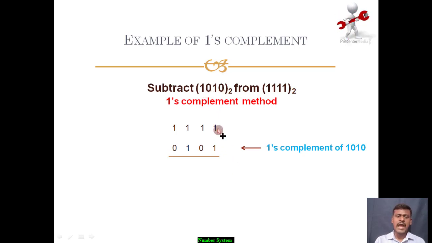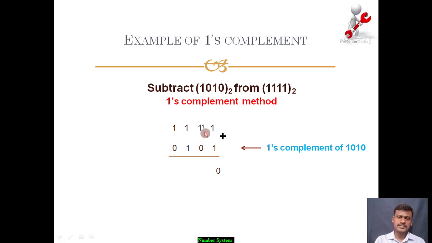Next, we will add this. We will add bit by bit, as we have seen in binary addition in the previous slides. That is, 1 plus 1 is 0 as sum and 1 as carry, right? Next, 1 plus 1 is again 0 with 1 carry.